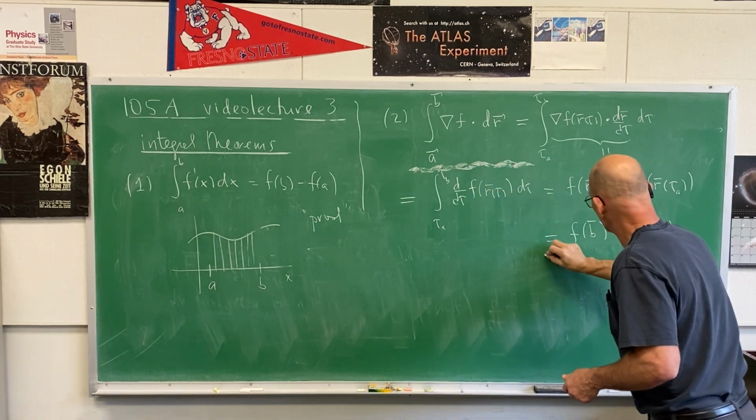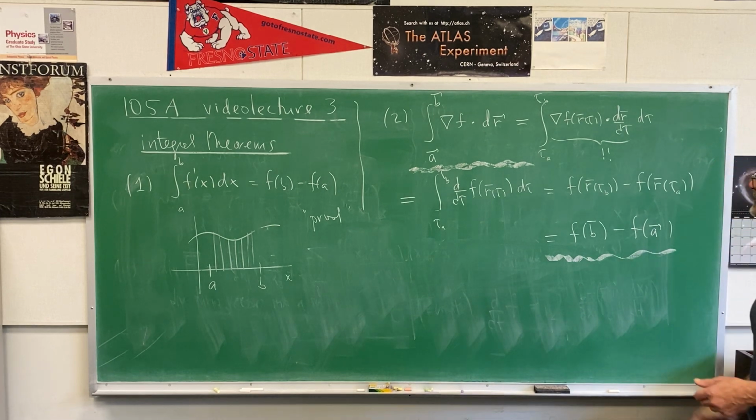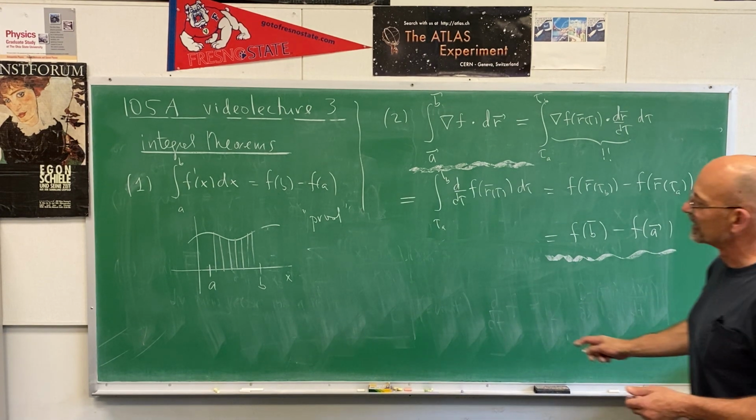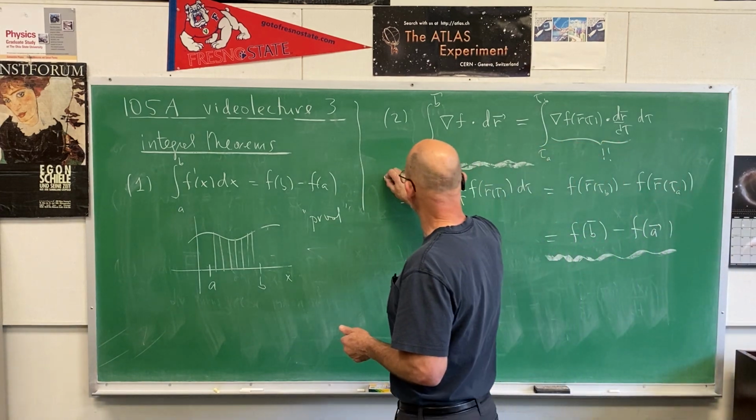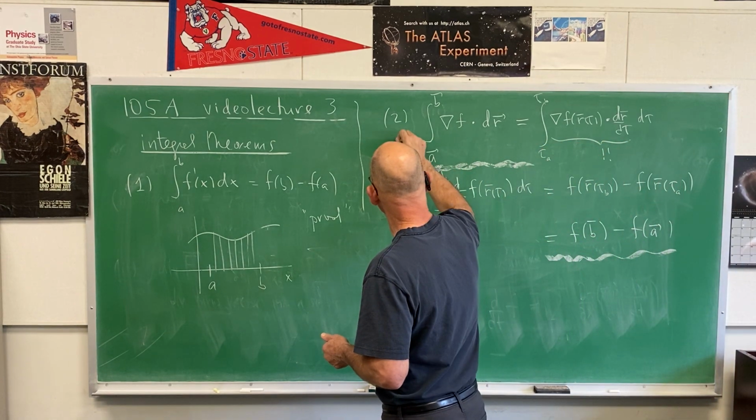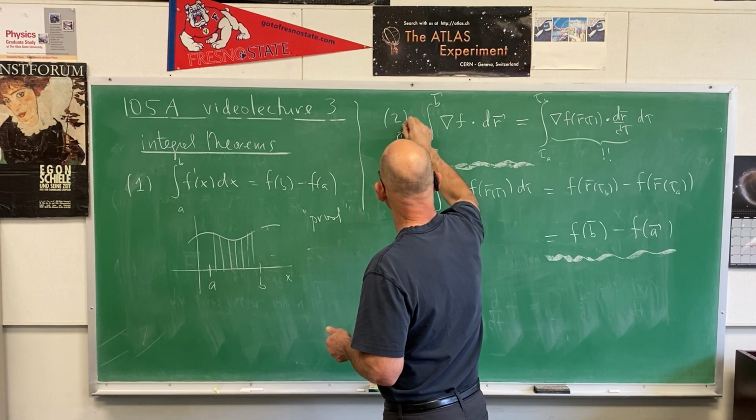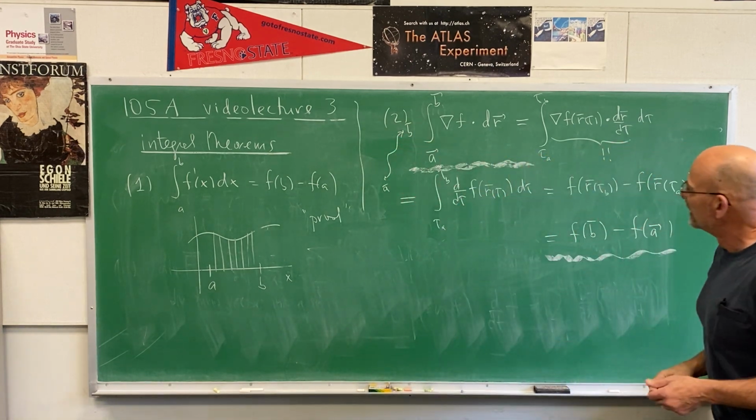This equal to that. And again, same picture as I had earlier. You got some point A in space, and you're going along some curve to some point B in space. Okay. Good.